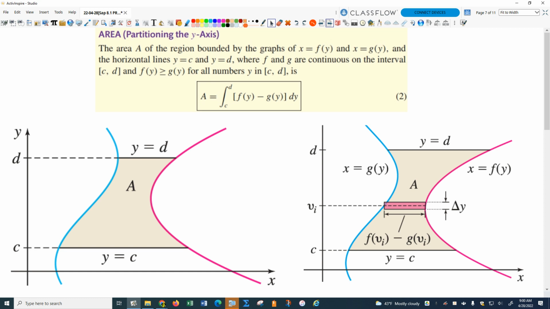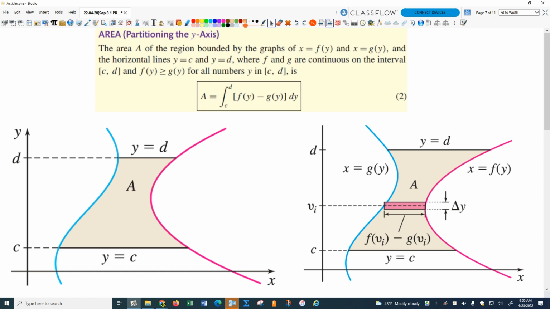Does that make sense? So when we partition this up then, our areas are going to be built from horizontal rectangles. Okay, this time the width of the rectangle is given by dy, and the height of the rectangle is going to be the rightmost function minus the leftmost function. Okay, that make sense?